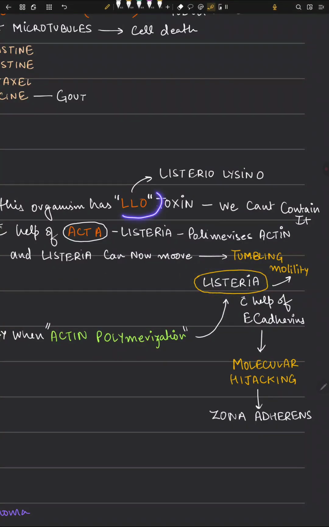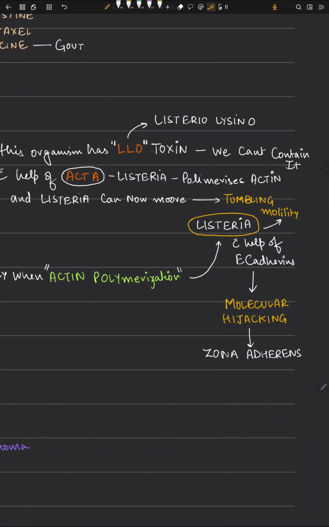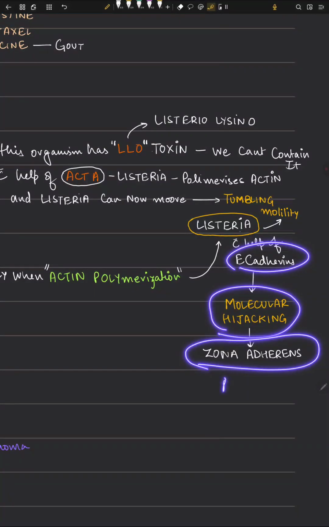And because of the LLO toxin, we can't capture it, and this is how Listeria stays. So Listeria, with the help of E-cadherins, we will study what E-cadherins are, performs molecule hijacking and zona adherence. Okay, cool. You must be thinking, what is this zona adherence? Okay, cool. Wait.